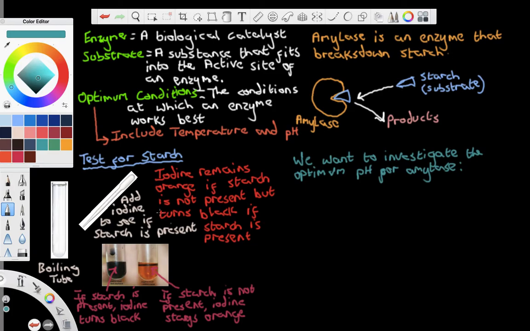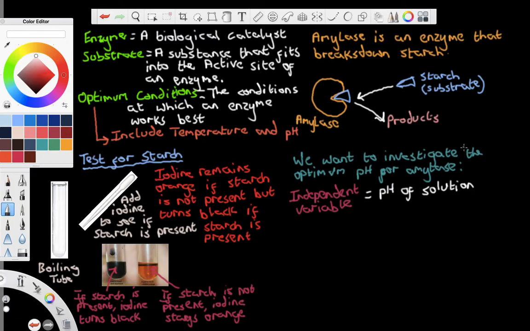So our independent variable, the one thing we are going to change, is the pH. So we're going to be changing the pH of the solution. And we can do that with what's known as a buffer.